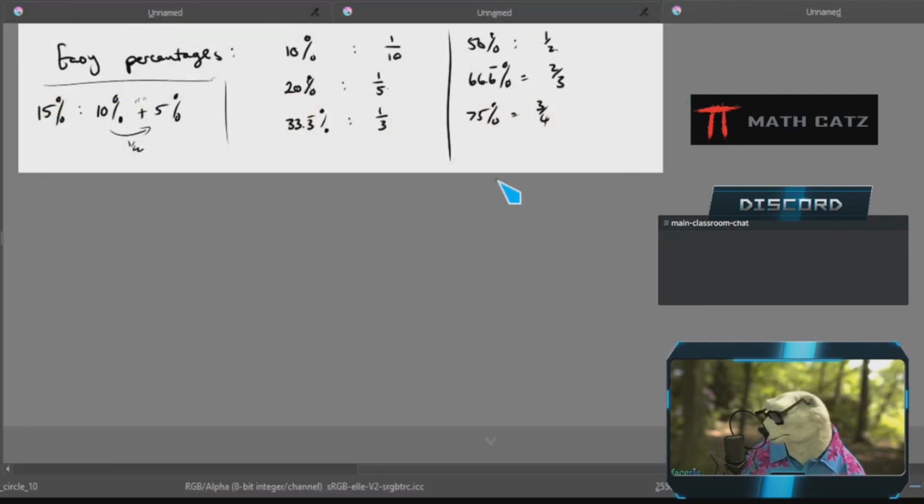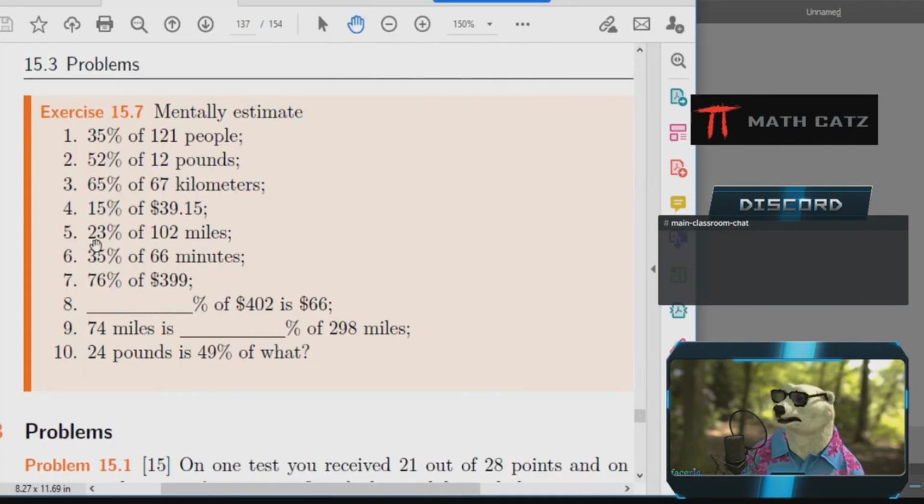No, we did not. 25% is another easy one, which is 1/4. And whenever I have a numerator of 1, that's going to be quite convenient. So 25% of 102, or I can just take 25% of 100, so 1/4 of 100, and then I get 25.